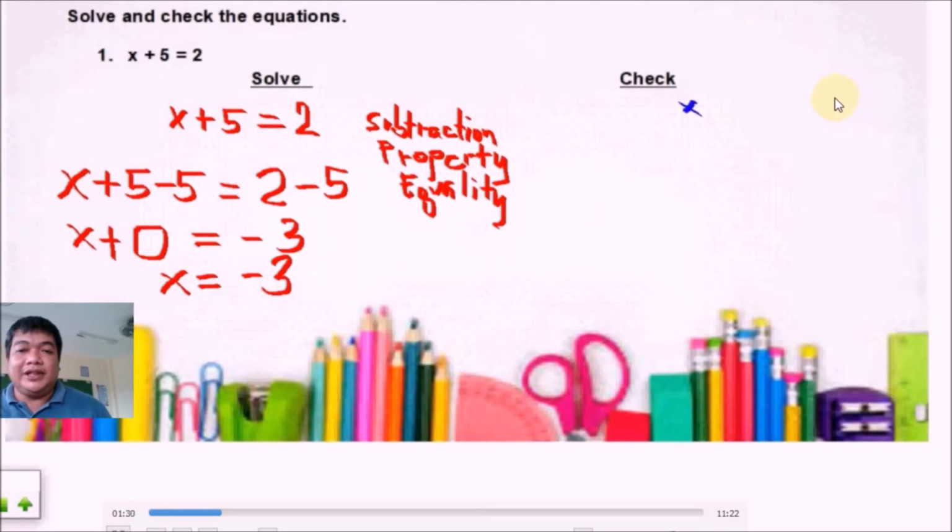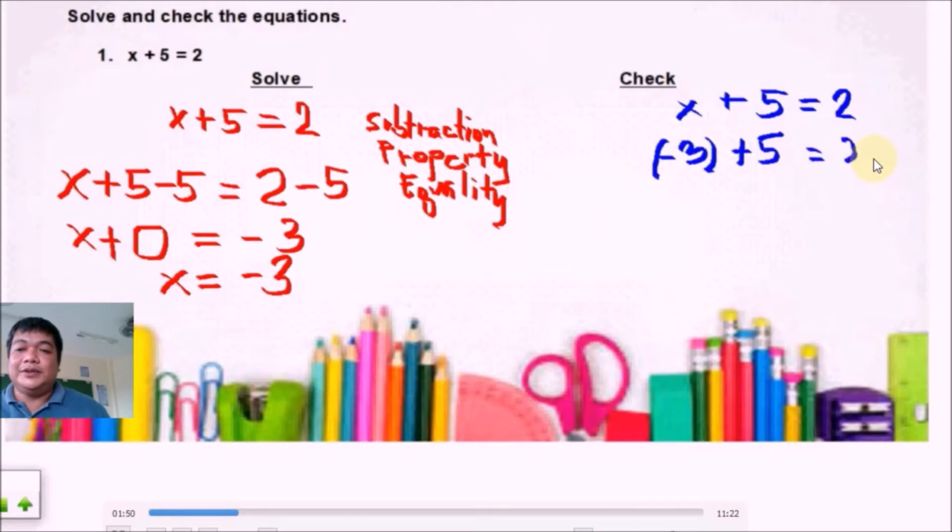In checking the equation, what you're going to do is simply substitute the value of the variable x, which is negative 3. So our x here is negative 3. We substitute, then plus 5 is equal to 2.